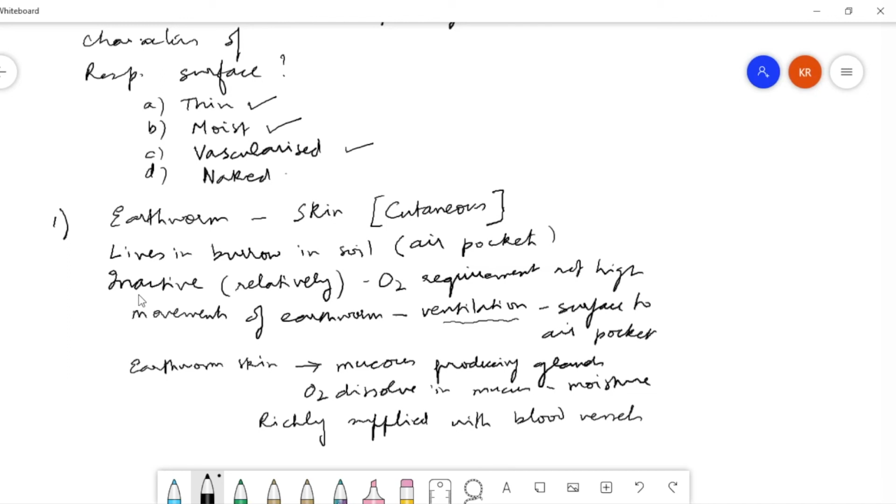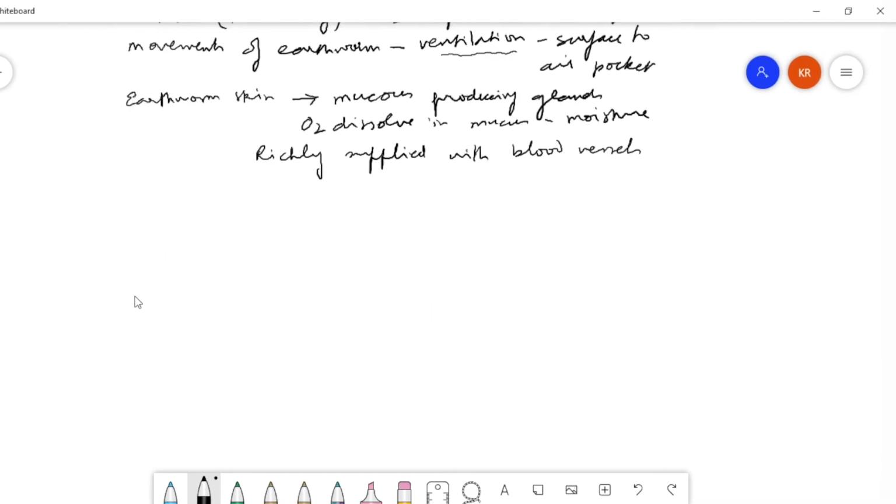Is it naked? Yes, it is. So the earthworm skin is used for respiration because it satisfies all the criteria.